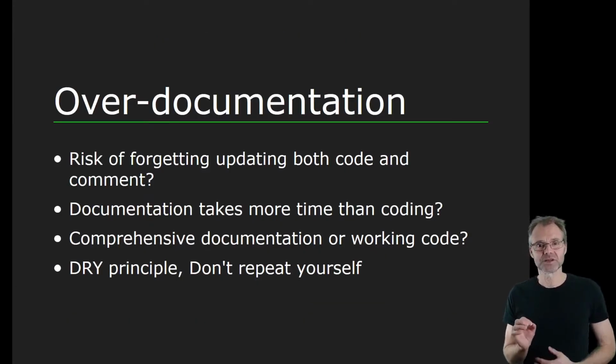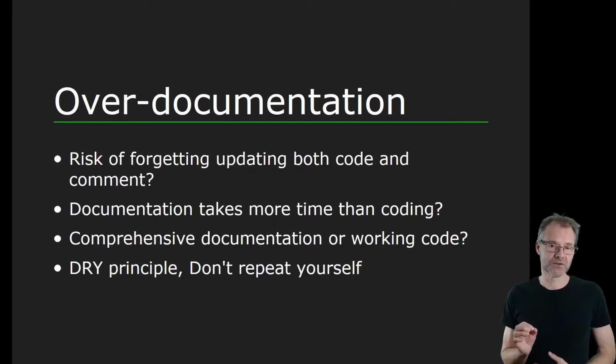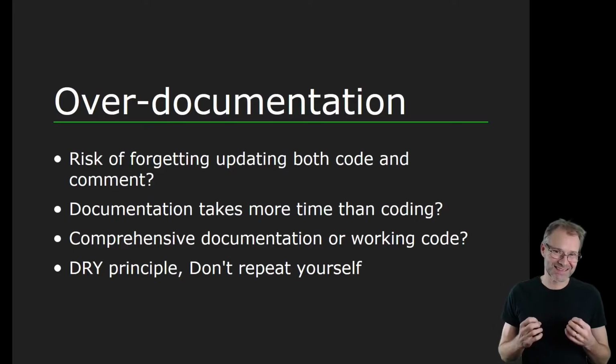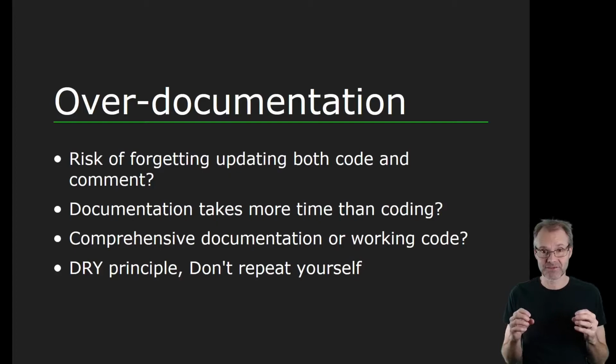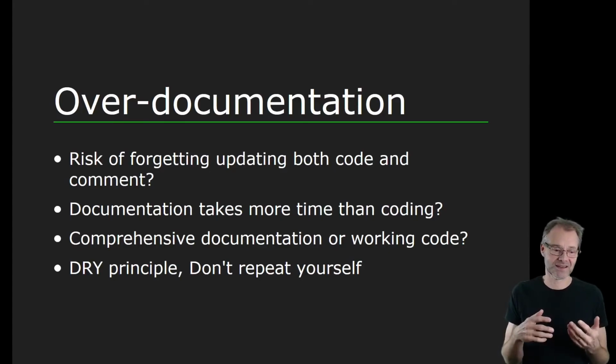There might be a risk of over-documentation when we do this. If we have the same thing in the method description and in the Docblock comment, we have the same thing in two places, and we forget to update. We update one and we forget the other one.